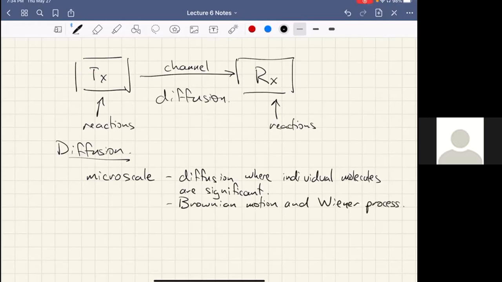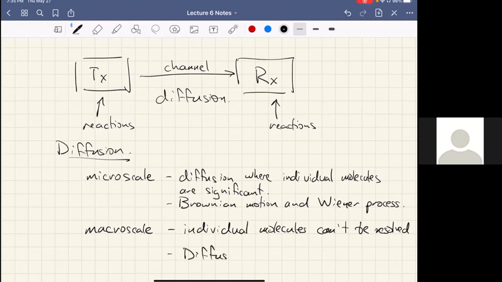Alternatively, what I'm going to call macro scale diffusion. In this instance, individual molecules can't be resolved. And at that scale, what we're talking about is things like the diffusion equation, sorry, actually, there's a better term for it, it's called Fick's law.